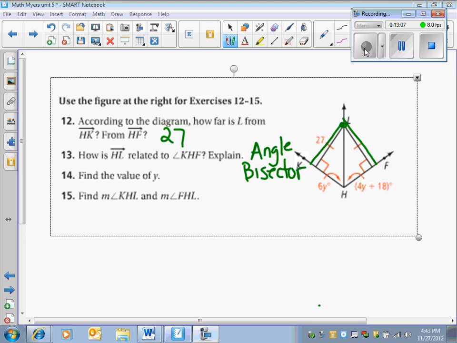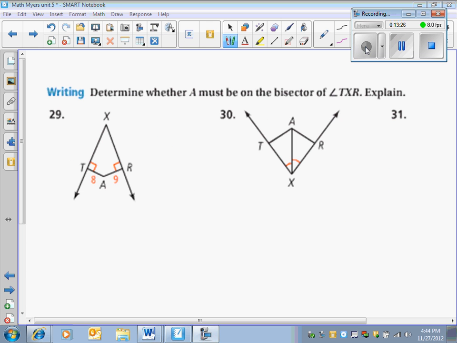All right, find the value of y. If the triangles are congruent, the parts are congruent. So we're going to set 6y equal to 4y plus 18. And when we solve for it, we get y is equal to 9. Okay? All righty. This is going to wrap up this segment.